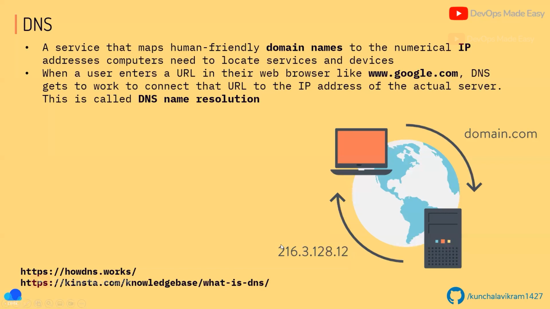So we know what DNS is. If you want to know more about how DNS resolution works, you have to definitely check out these two sites. Again, these are part of the text document that we are sharing.